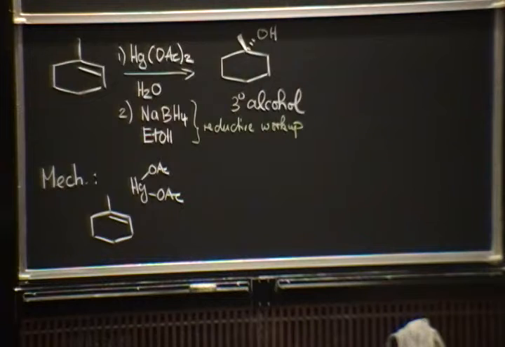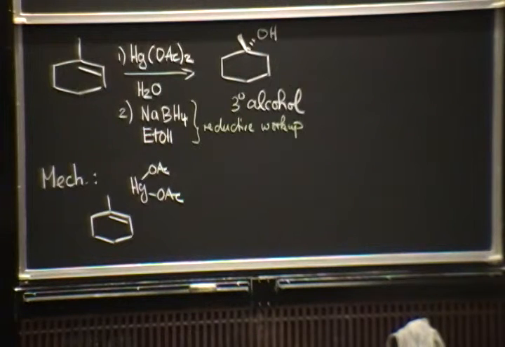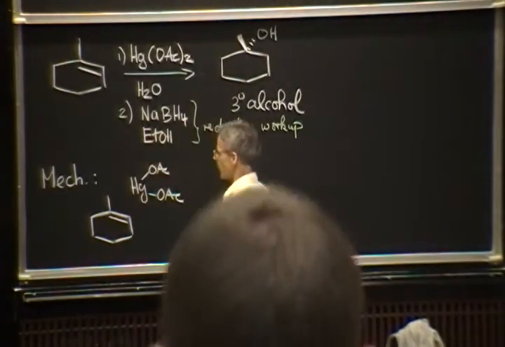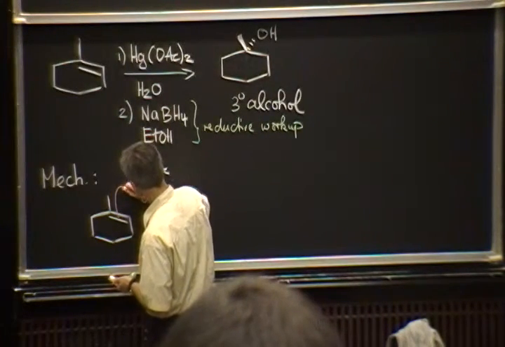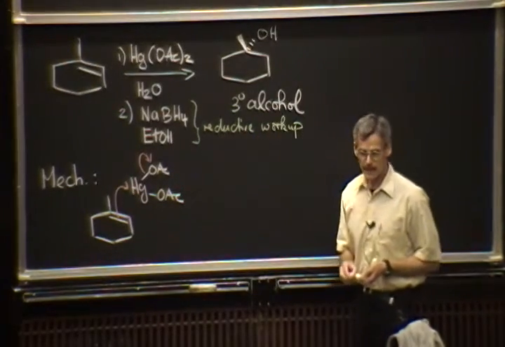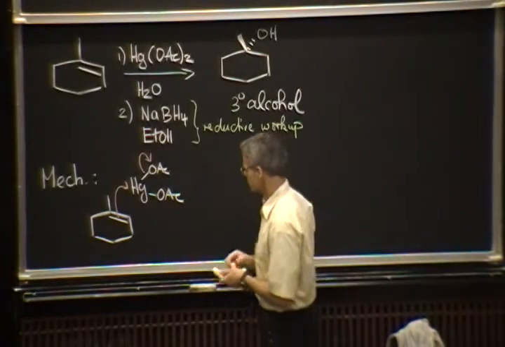It's a relatively large metal, has lots of d shells, and so it can easily bind to the pi system. It's the presence of the pi electrons in the alkene that makes this reaction go, that attracts the mercury, the heavy metal here, to coordinate with the alkene because of the donation that the filled pi orbital can give into the empty d orbitals of the mercury. So we're kicking out formally a ligand of mercury, which is an acetate, by replacing it with the alkene as the new ligand.